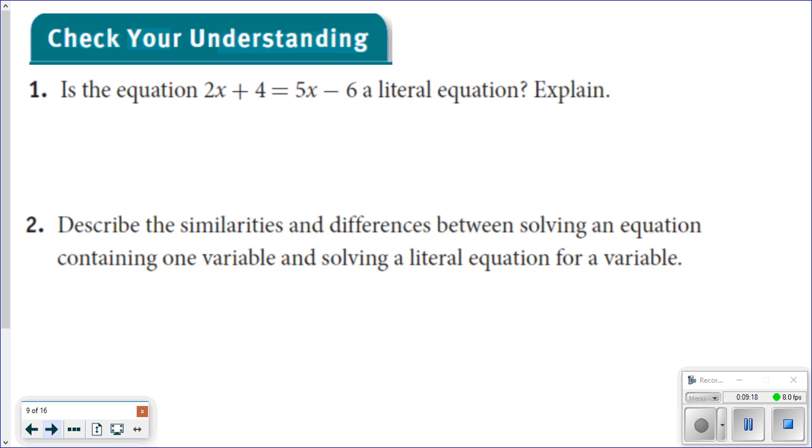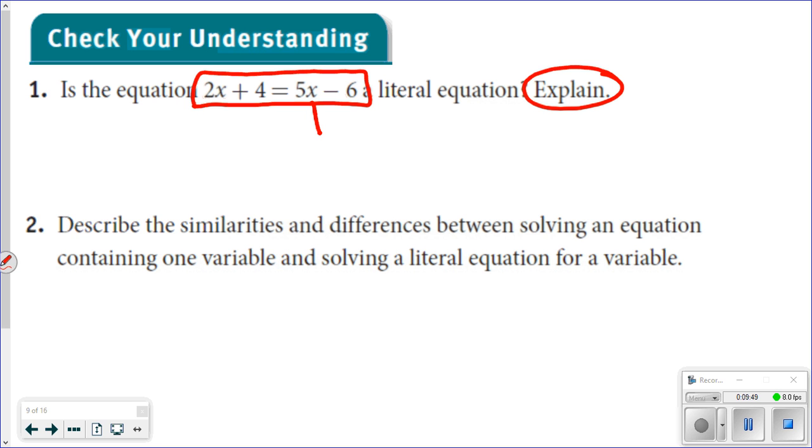To check your understanding box, look at question 1. Is this right here a literal equation? Write down yes or no, and then explain in your own words. The answer is no. This is not a literal equation because there's not more than one type of variable.